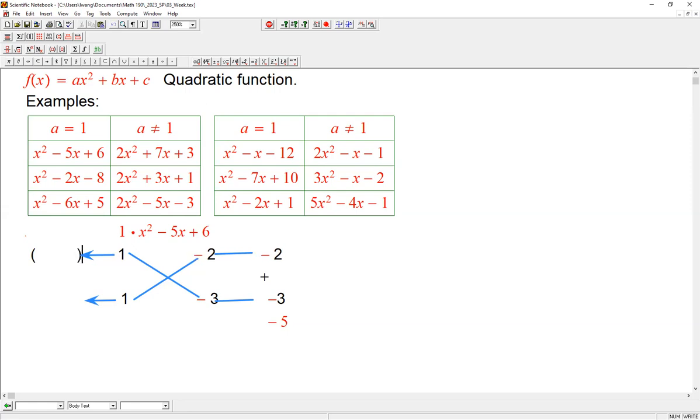I'm making the factors. But how is the factor made? In the first row we have 1 and negative 2, so we have 1 times x, negative 2.